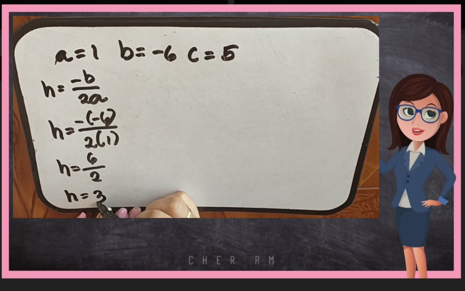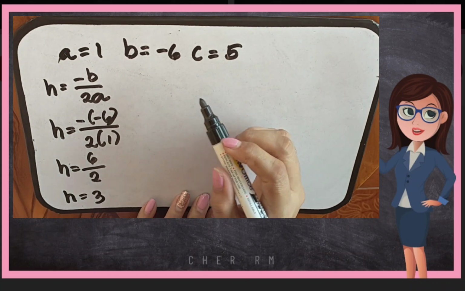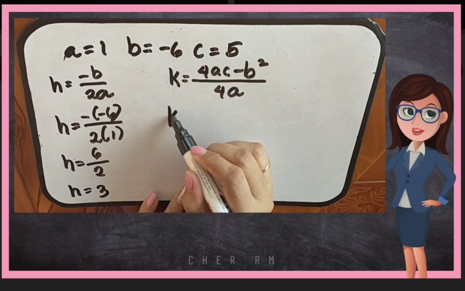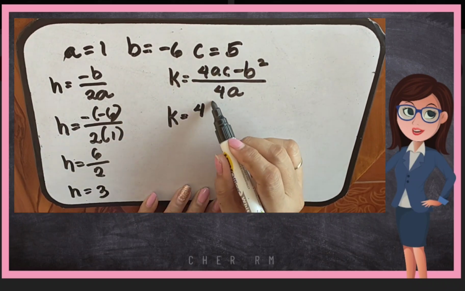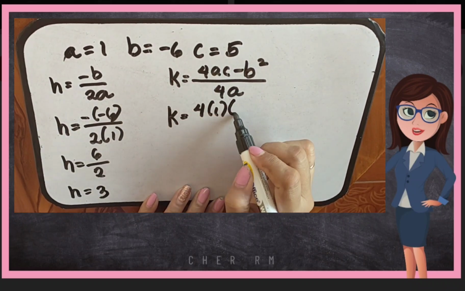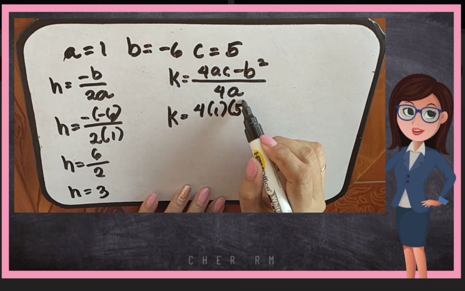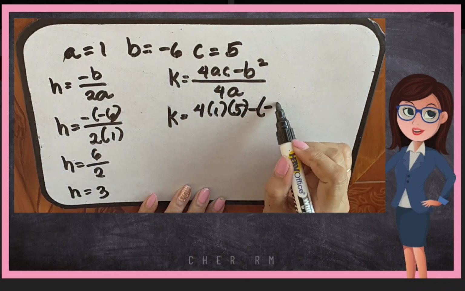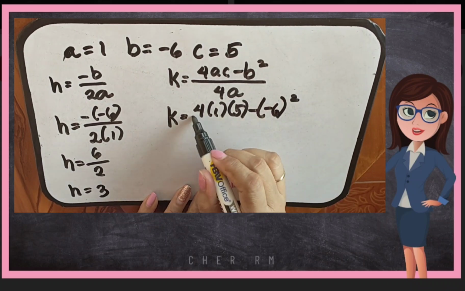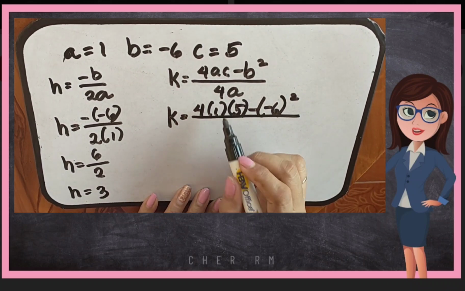Then for the k value, we have to substitute the value of a, which is 1. So we have 4 times 1, then c is equal to 5, so times 5. Then minus, parenthesis, the value of b is negative 6, so we have negative 6 squared all over 4 times 1.